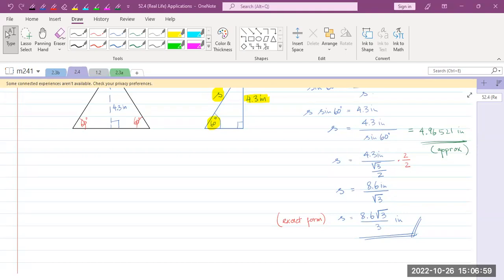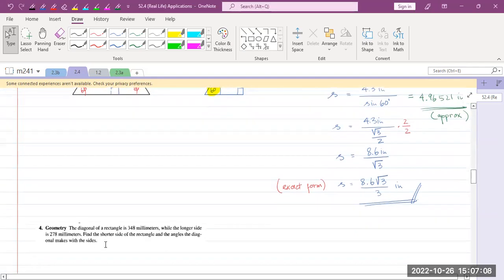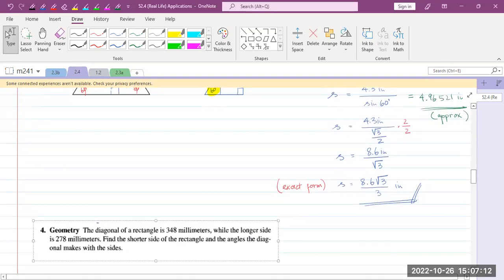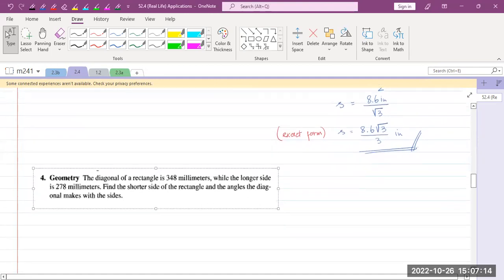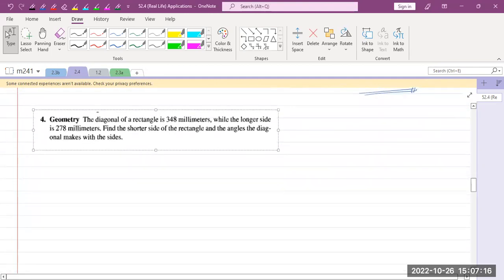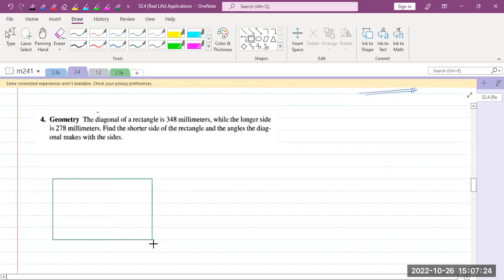Okay. Next one, I want to work out. Let's try number 4. It's an interesting question, actually. Number 4 from our exercise set. The diagonal of a rectangle is 348 millimeters. Oh, let's draw a rectangle first. A rectangle looks like this. That's a rectangle.